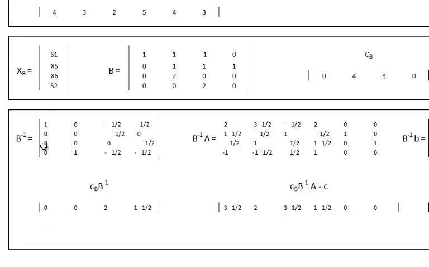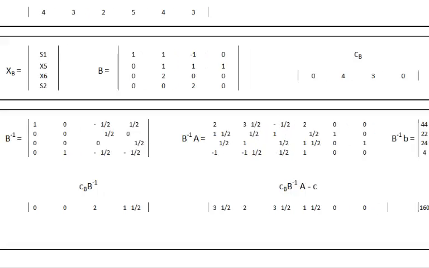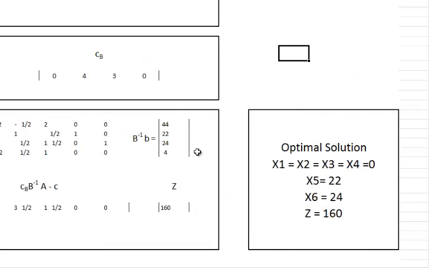Therefore, this solution is the optimal solution for the problem. And to perform the calculations for their values and the value of z, we will calculate B inverse B, which is going to be these values, and the z value is also calculated.